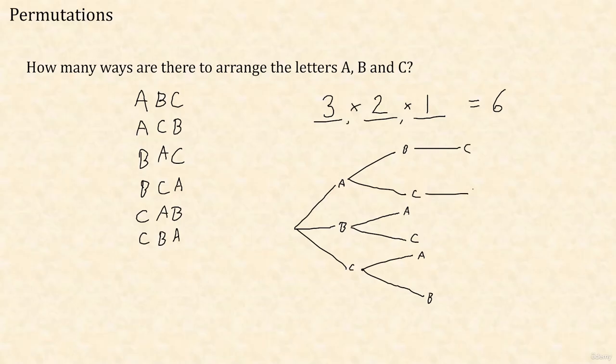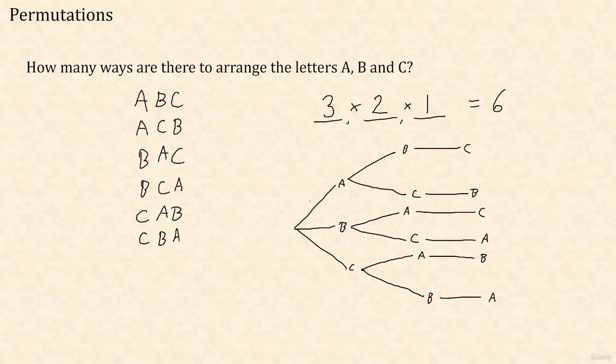In this branch, you've only got B left. In this, you've only got C left. In this one, you've only got A left. In this one, B. And in this one, A. And so there's 1, 2, 3, 4, 5, 6 different unique branches.